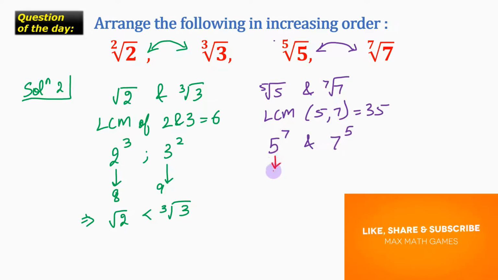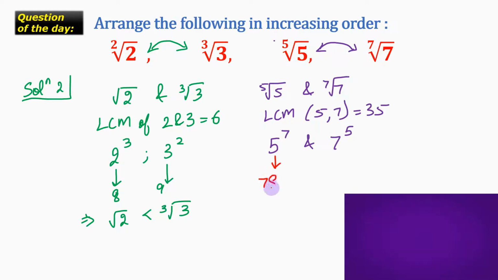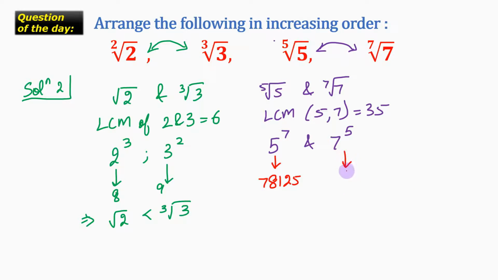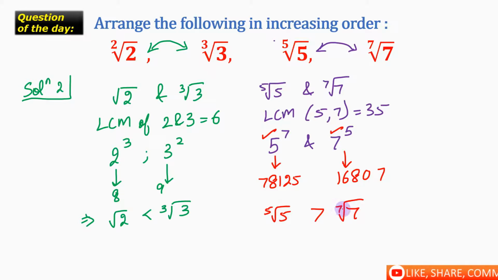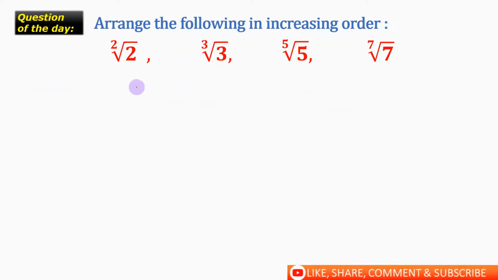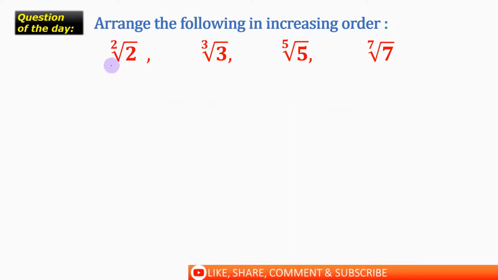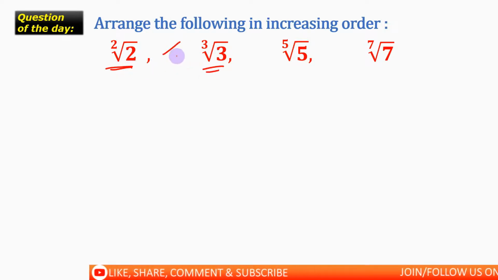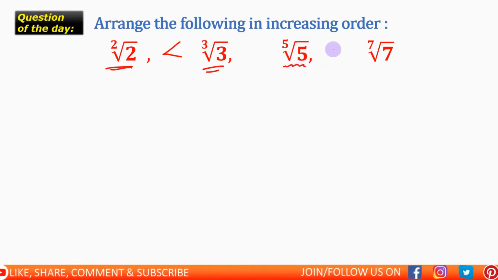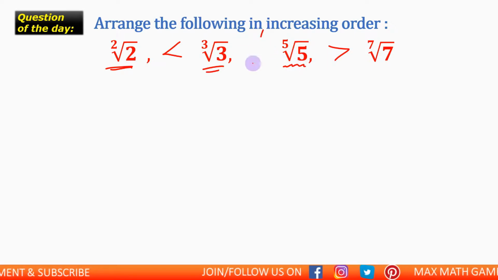Now 5 to the power 7 is equal to 78125 and 7 to the power 5 is equal to 16807, and hence fifth root of 5 is greater than seventh root of 7. So as of now we have the expression that this is less than this, and this expression is more than this expression.